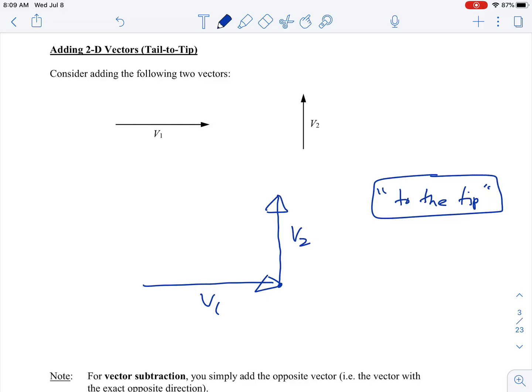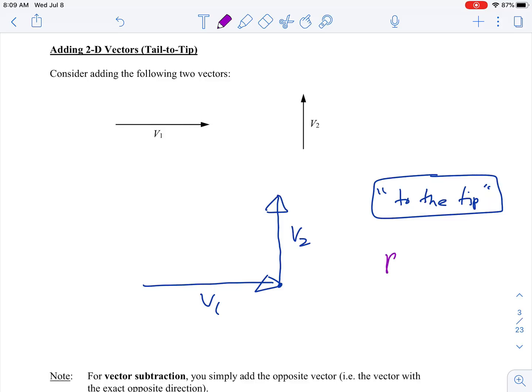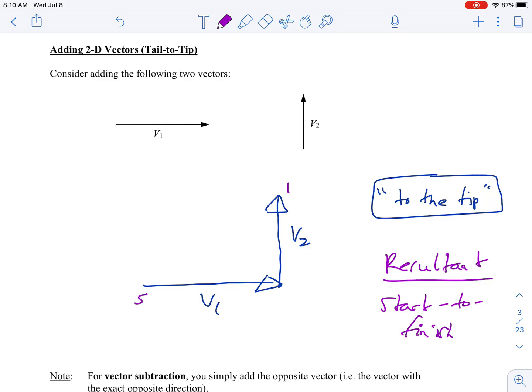Now, what's the answer? And it turns out the answer is otherwise known as the resultant. And the resultant, the way I want you to remember it, is kind of like displacement. It goes from start to finish. So you see how it started here at the beginning of V1. It finished over here at the end of V2. So you just go straight from start to finish. So that is called the resultant.